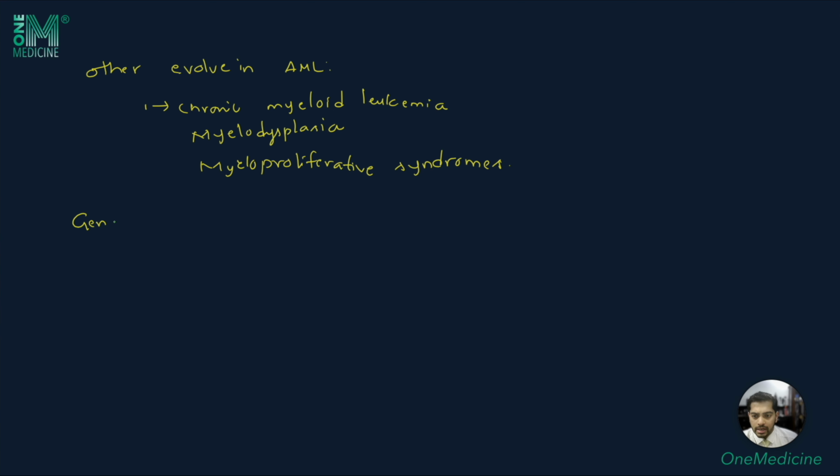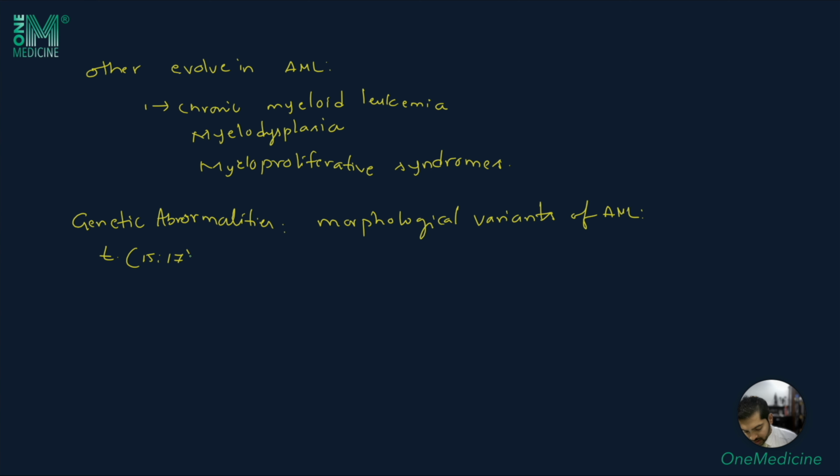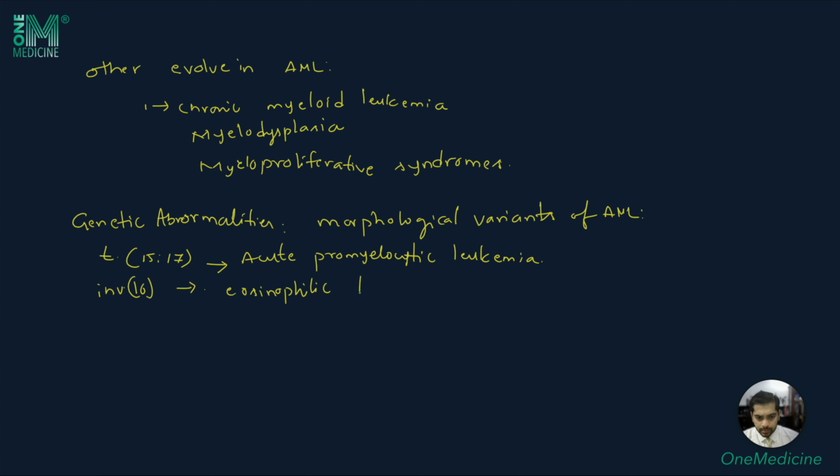There are a few genetic abnormalities that are linked to certain morphological variants of AML, and these include translocation of 15;17, acute promyelocytic leukemia, inversion of 16 associated with eosinophilic leukemia.